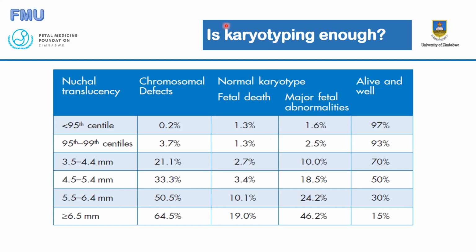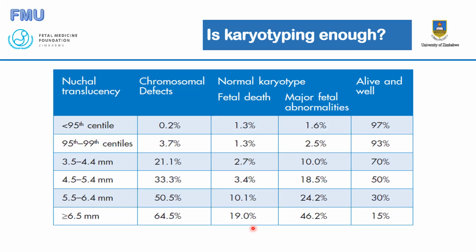Why is it that even those who are reported as normal go on to have a poor outcome, and 19% of those with a normal karyotype, as you can see here, go on to die, yet the karyotype has been reported as normal. So this therefore means that conventional karyotype is not good enough in diagnosing all the abnormalities at the level of the genes.